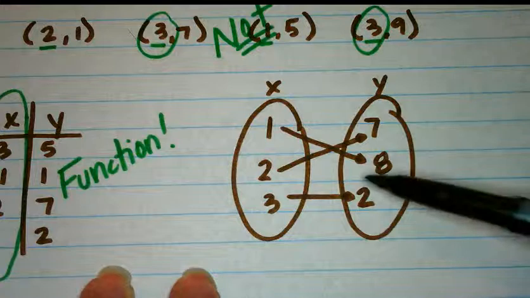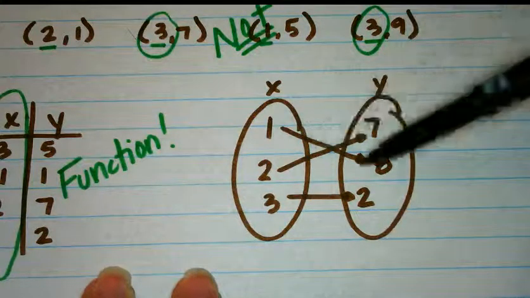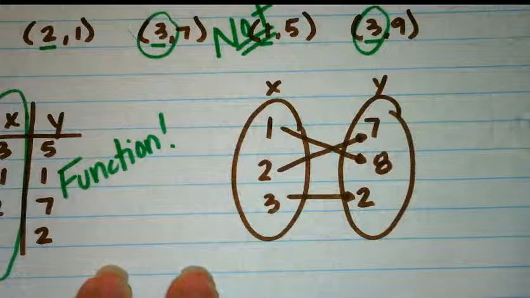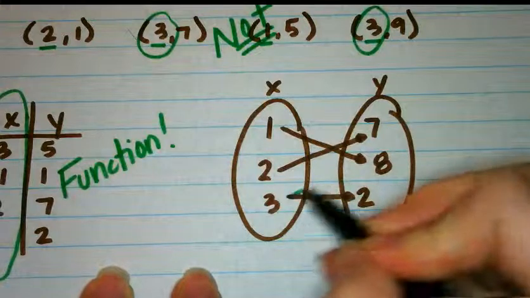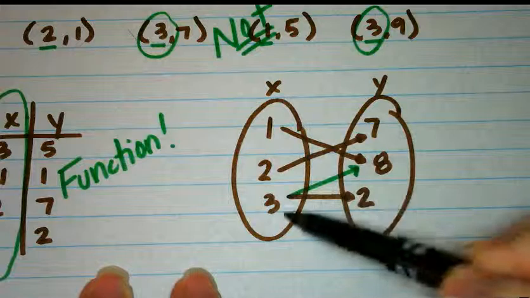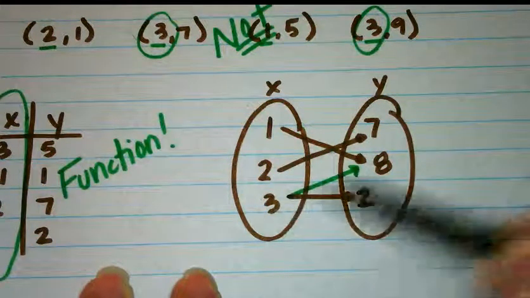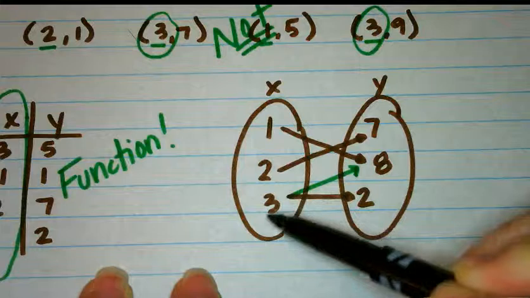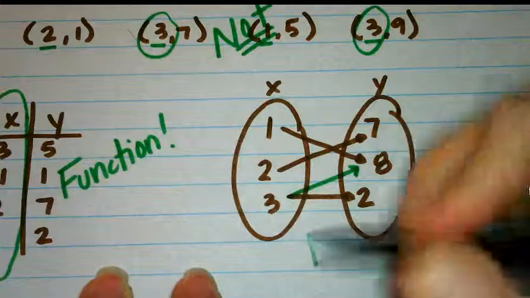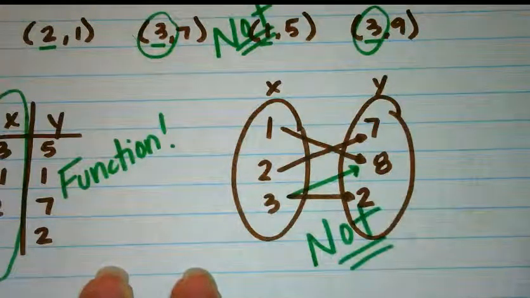Right now, this is a function because each X is connected to only one Y. If I draw this arrow right here, now it is no longer a function because I'm using 3 twice. I connected 3 with 8 and I connected 3 with 2. So this one now is not a function.